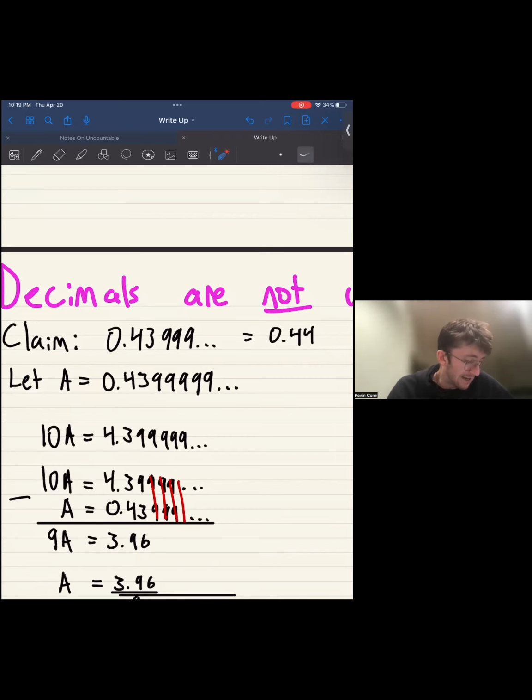To illustrate that they are the same, let A equal 0.43999999 repeating. Let's multiply both sides by 10. So let's move that decimal over 1, and we have 10A. Let's take these two equations and subtract them.